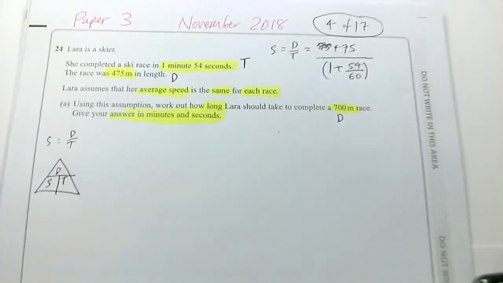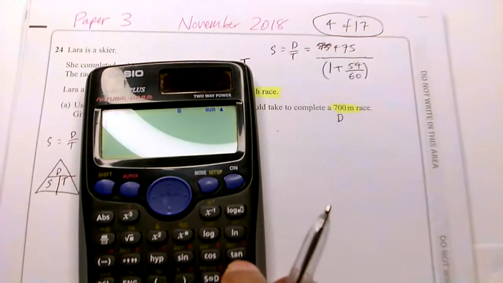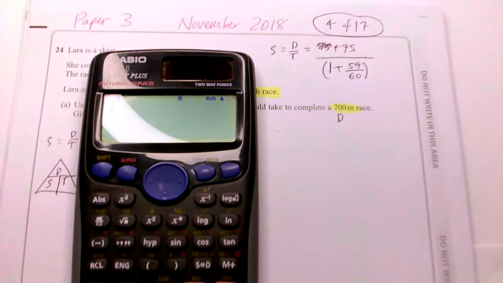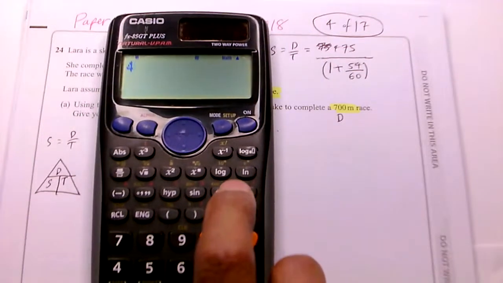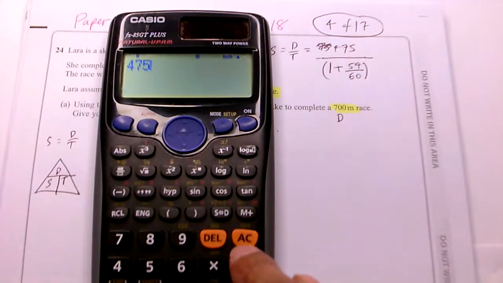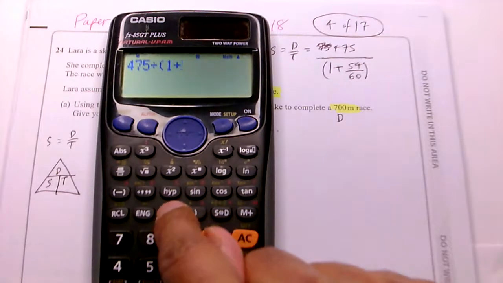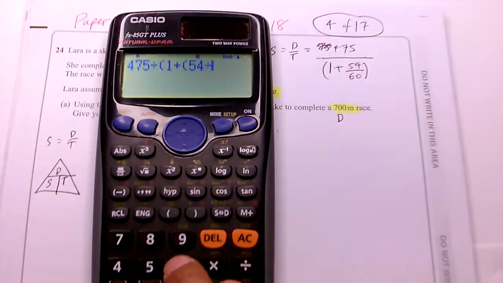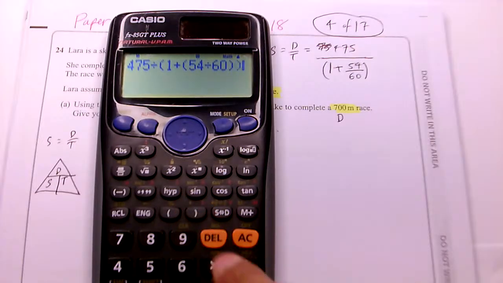I'm going to get my calculator. And so I'm going to do 475 divided by brackets 1 plus bracket 54 divided by 60, close bracket. That gives me my answer, which is 250.